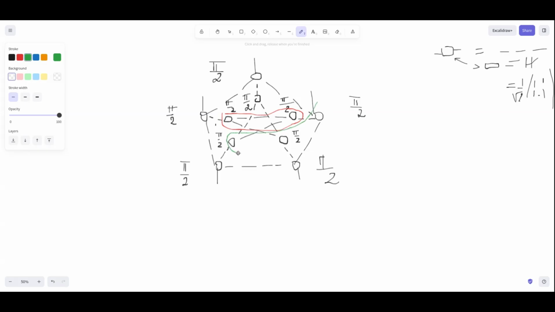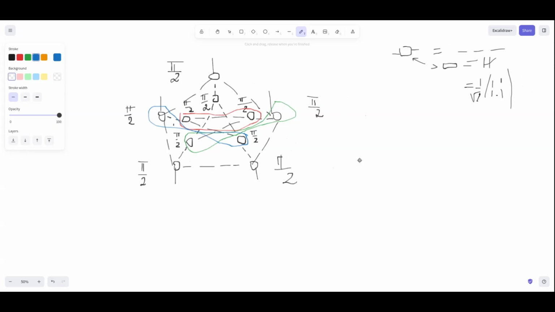We just take it like this, and this node has in common this node and this node.